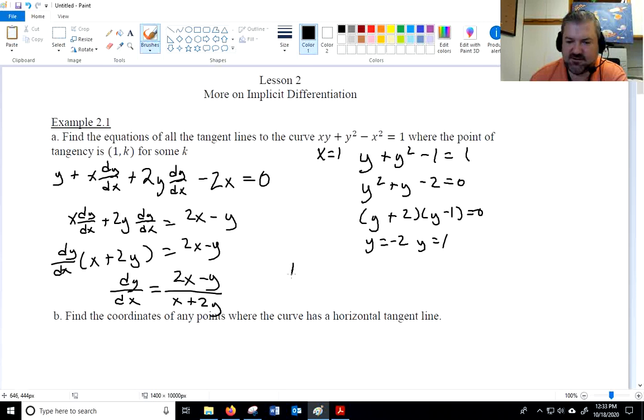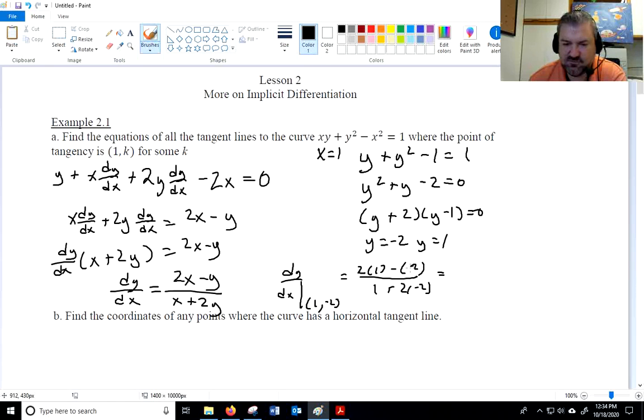Let's find the dy dx at each one of them. So dy dx at the point 1 comma negative 2. What would that be? Well, 2 times 1 minus a negative 2, all over 1 plus 2 times a negative 2.